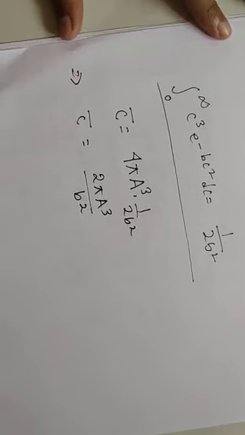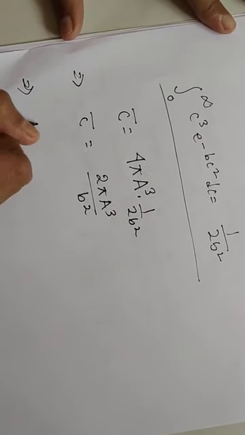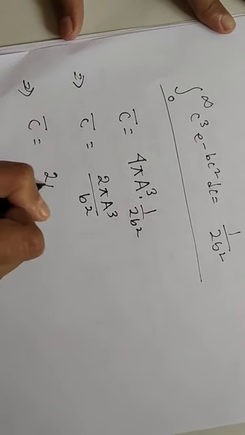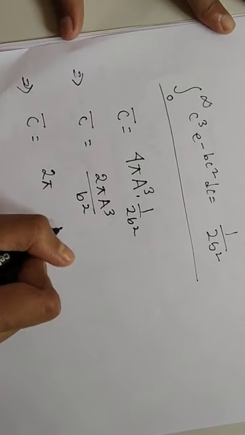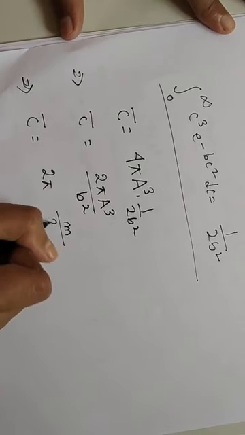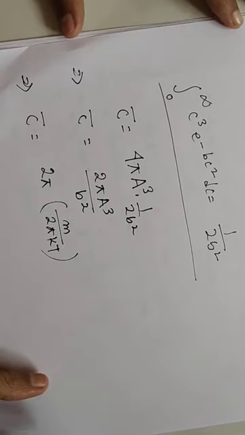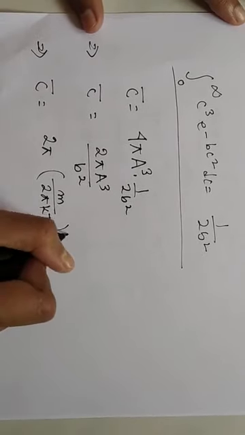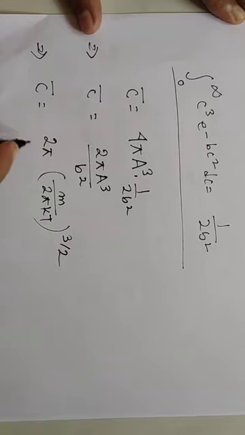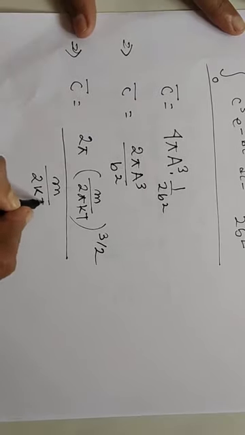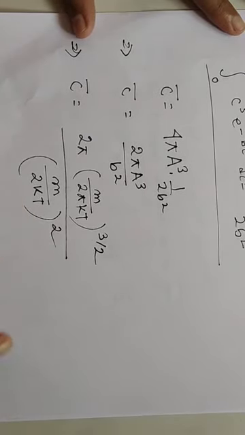Now we'll put the values of a and b. So it will be 2 pi, then putting the value of a we'll have (m by 2 pi kT) whole to the power 3 by 2, divided by b square. b was m by 2kT, whole square.